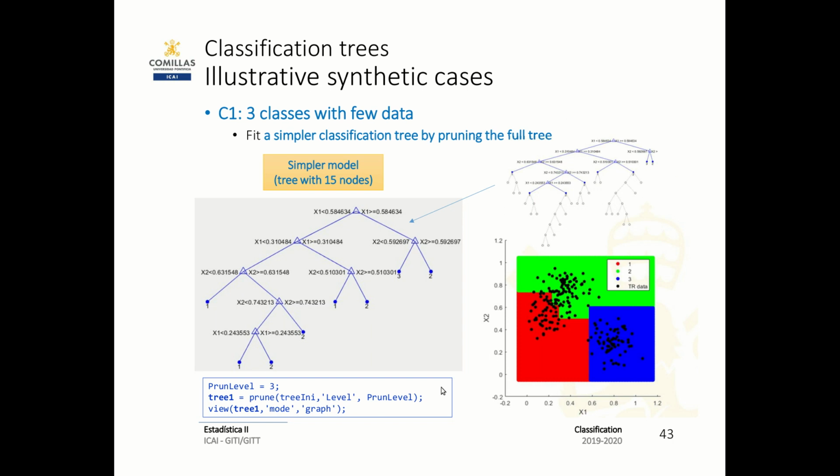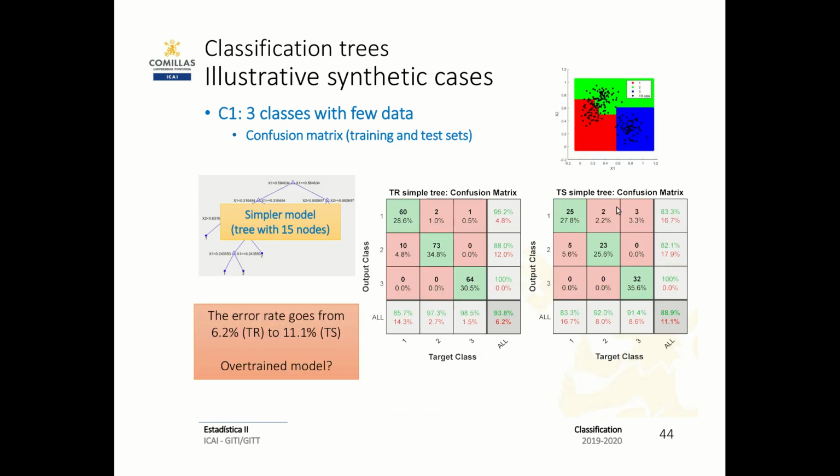That is done through the MATLAB function prune, and then we have to say how many levels to prune, and somehow these levels are translated into the number of branches that are to be deleted. So now the training classification error is 6, the test classification error is 11.